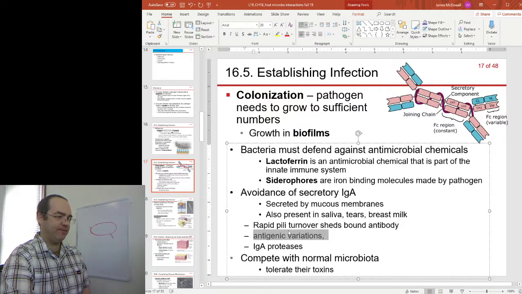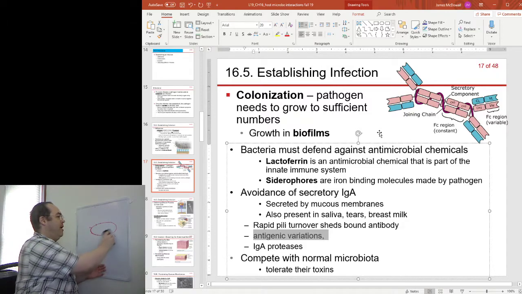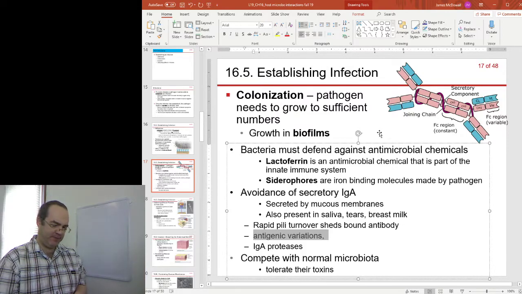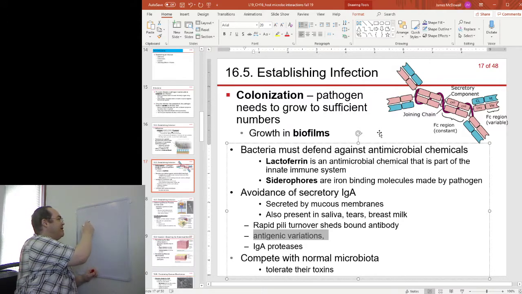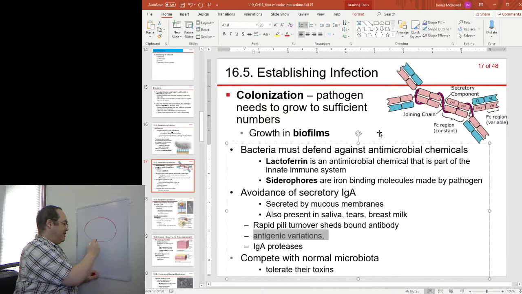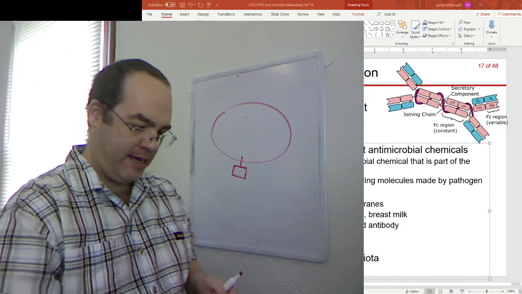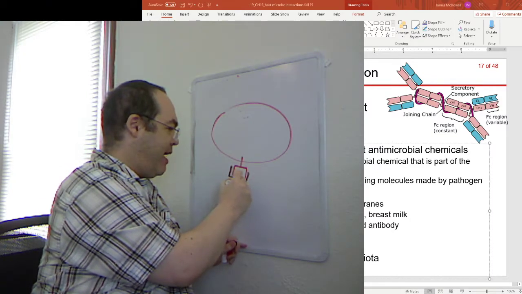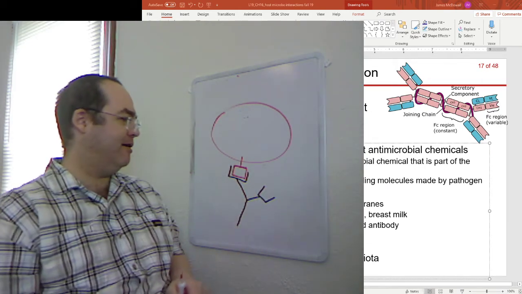Antigenic variation. So those proteins on the pili or the proteins on the bacteria, the proteins to which our antibodies are made. There's a particular protein and it has a particular shape, and that particular shape can be recognized by the antigen binding site of a particular antibody.